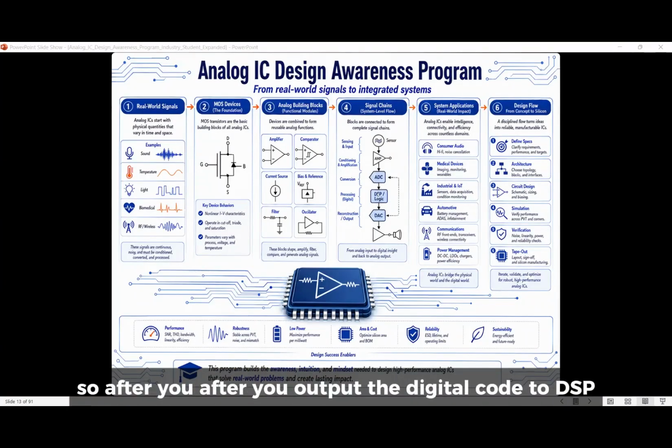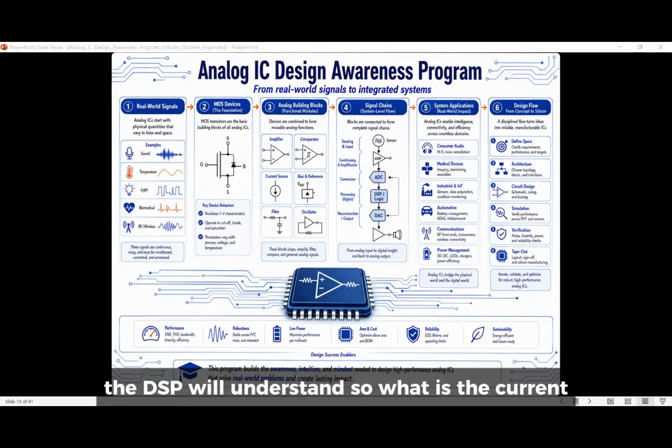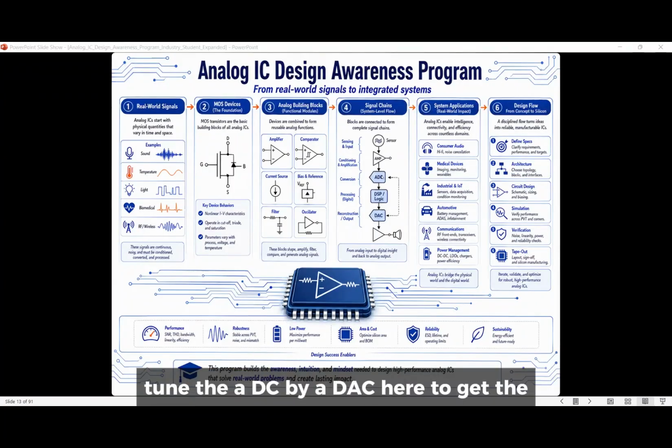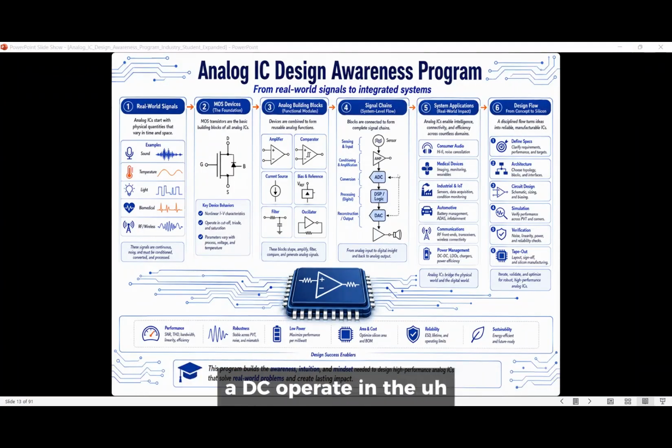So after it outputs the digital code to the DSP, the DSP will understand what the current input is. So you tune the ADC by a DAC here to get the ADC to operate in the optimal region, right? Okay, so this is the signal chain.